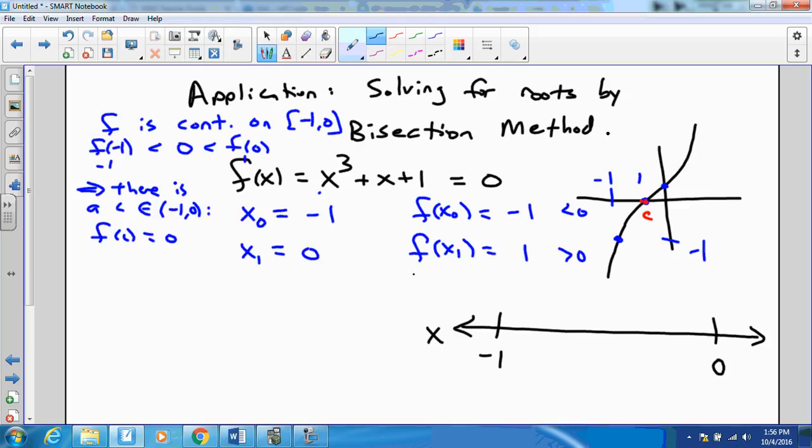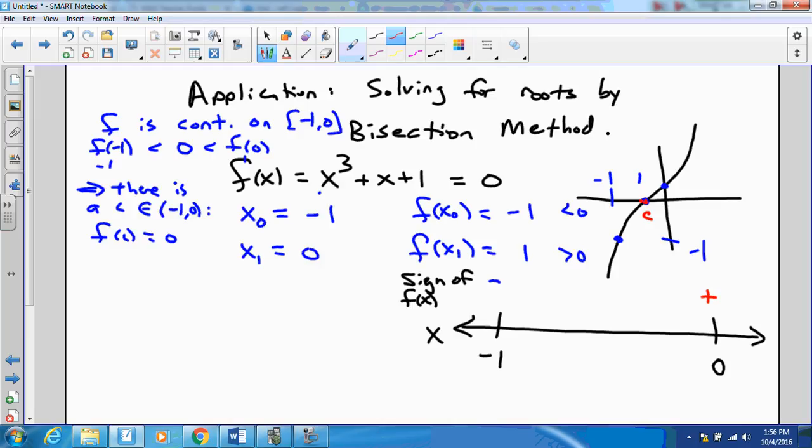So right up here, I'm going to keep track of the sign of f of x. And so far, what I have found is that f of negative 1 has a negative sign, and f of 0 has a positive sign. Does that make sense to everybody so far? F of negative 1 was negative 1, f of 0 was positive.